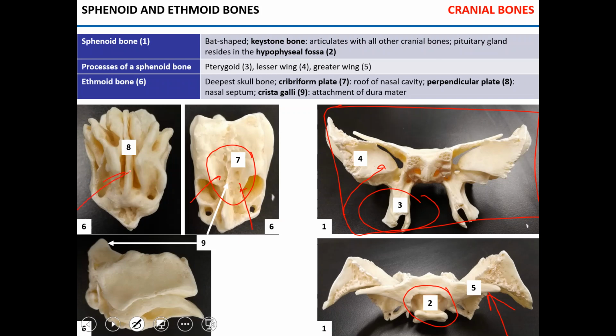Perpendicular plate here forms part of the nasal septum, and crista galli, the ridge here, is the site of attachment for dura mater that serves in this location as a partition for the brain.